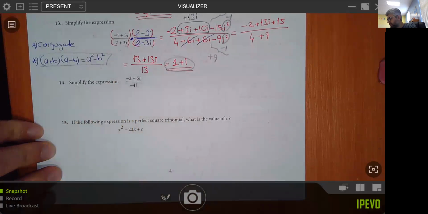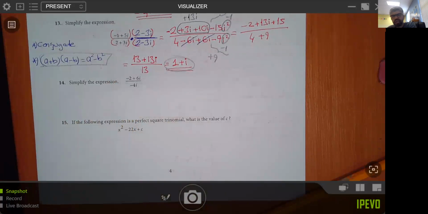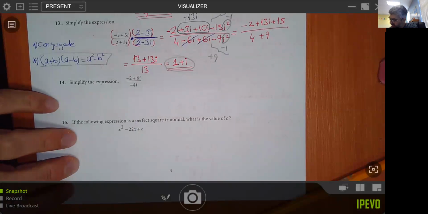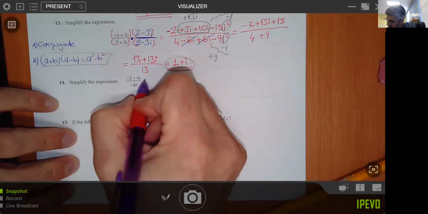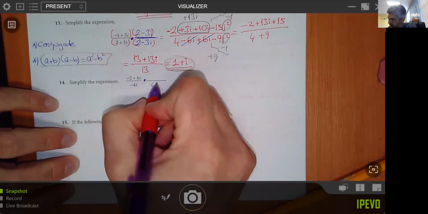Simplify the expression. Okay, we have -2 plus 6i over -4i. We have to get rid of i in the denominator. What is the conjugate of -4i? Would you please type in chat? Very good. It's correct. The conjugate of -4i is 4i, guys.